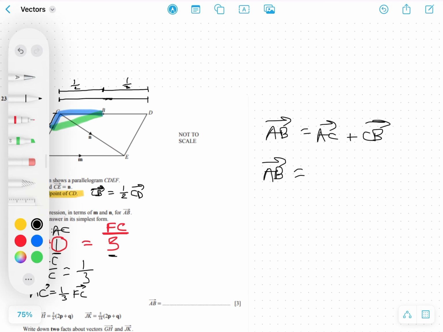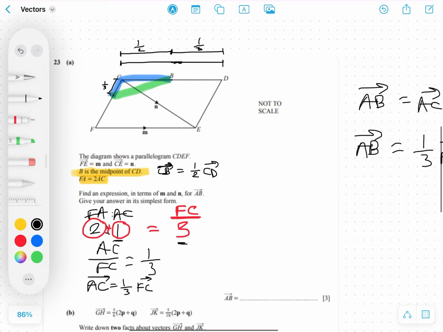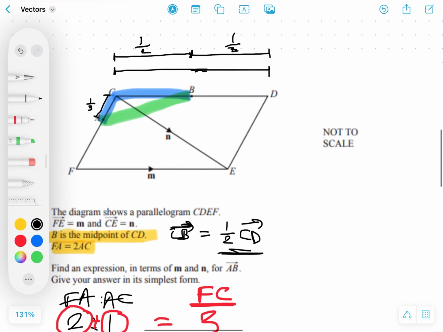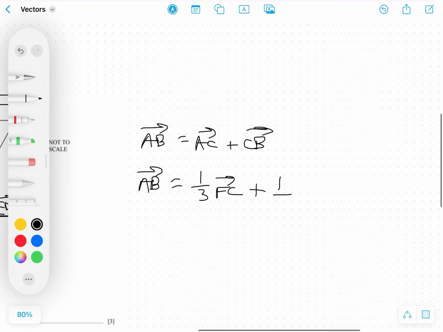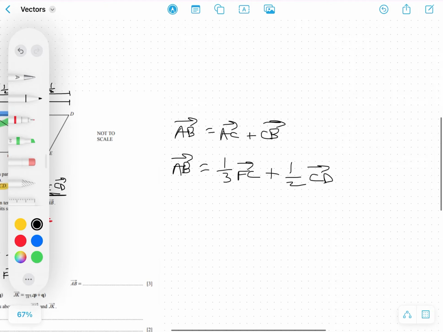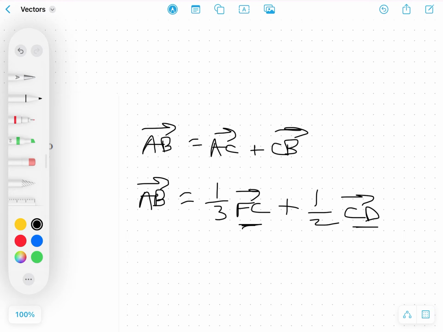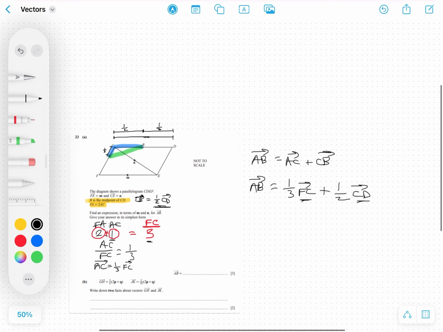So we can just write that here, 1/3 FC plus, now CB is 1/2 CD, since B is the midpoint. So we can write that down here, 1/2 CD. So now we have to work out what FC and CD are, so we can find out the value of vector AB.